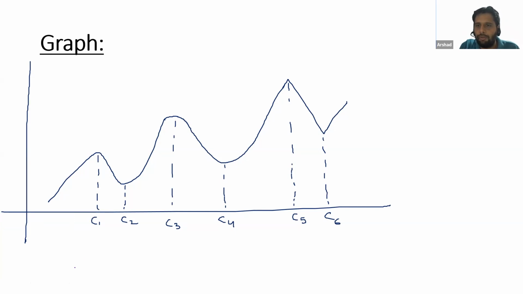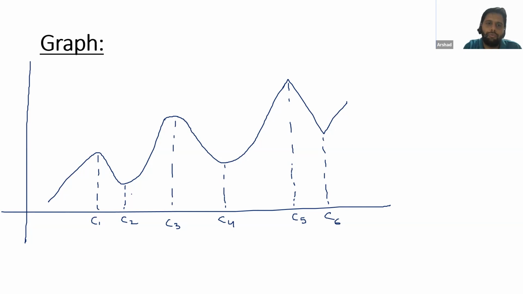So who can tell me what is the critical point? Abdul, can you tell me what is the critical point? The points at which the values are equal to 0.